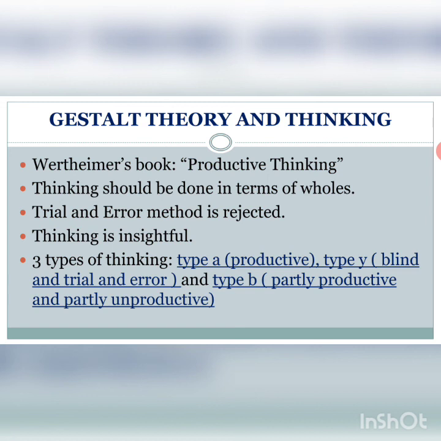According to Gestalt theory, thinking is insightful, and there are three types of thinking. Type A thinking is the productive type of thinking. Then we have type Y thinking, which is blind and trial and error thinking, and type Y thinking is rejected by Gestalt theory. And then we have type B, partly productive and partly unproductive.